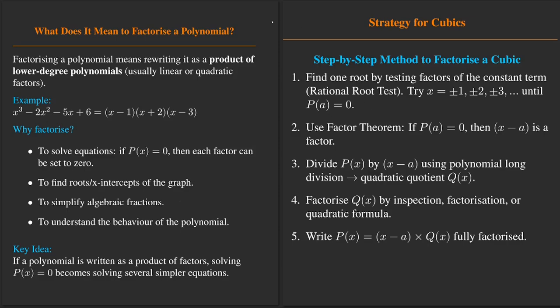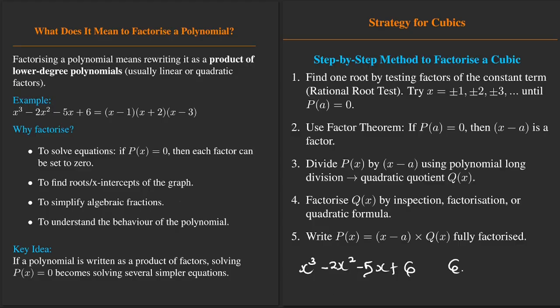By the rational root test, what we mean is if you are given a polynomial, so let's say for this polynomial we have here, x cubed, minus 2x squared, minus 5x, and then plus 6. What you do is you take this 6, especially if the coefficient of x cubed is 1.